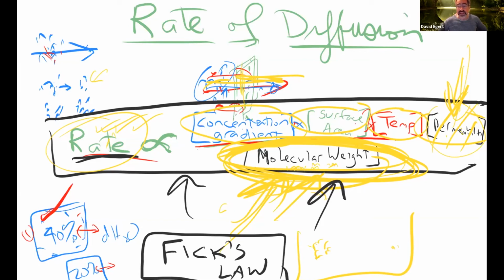So this isn't exactly how you'd write Fick's law, but it does have the basic relationships that Fick's law describes. So if you ever see the term Fick's law, it's basically the equation people use to look at diffusion rates that are affected by concentration gradient, surface area, permeability and stuff like that.